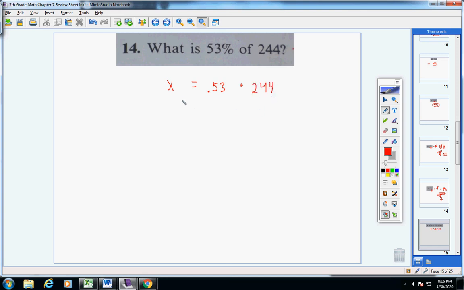So, x equals these two numbers being multiplied. So, real quick, my answer would be 2 carry 1, 3 carry 1, 7, 20, 22, 12. There's your answer, 129.32. Now that's how I taught you to do it.